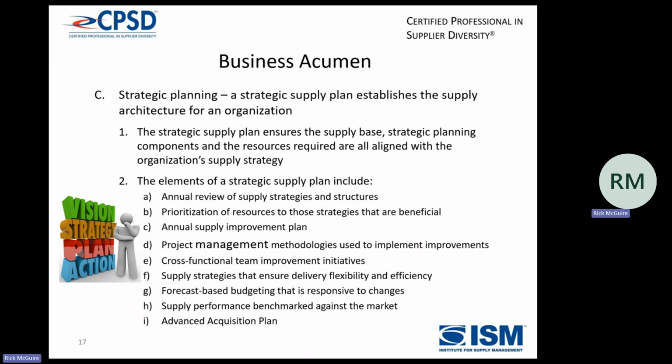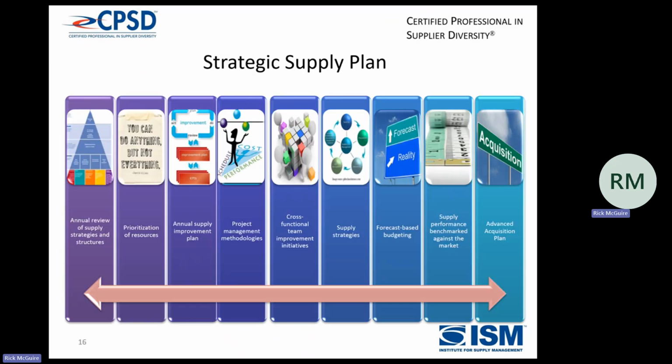The elements of a strategic supply plan include annual review of supplier strategies, prioritization of resources, a supply improvement plan, project management methodologies, cross-functional team improvement initiatives, supply strategies, forecast-based budgeting, supply performance benchmarked against the market, and advanced acquisition planning.